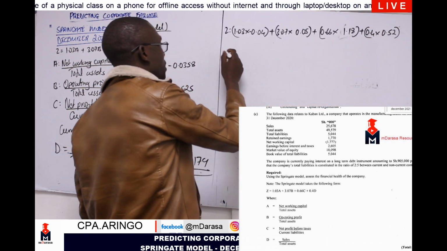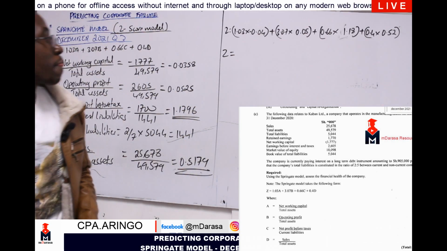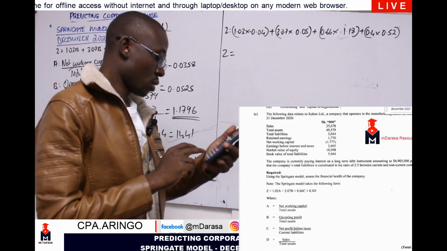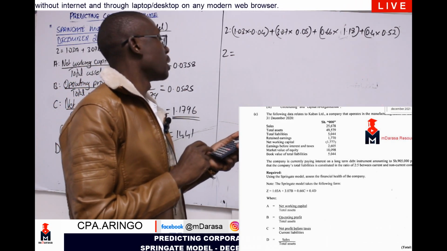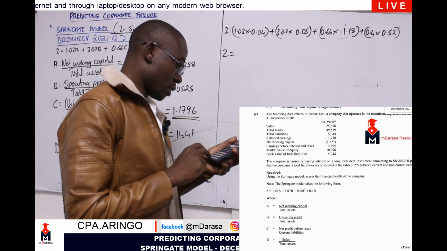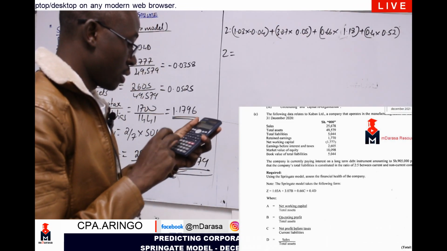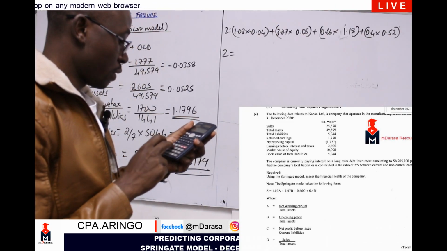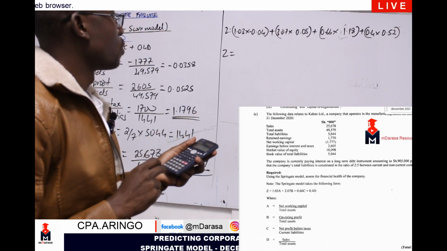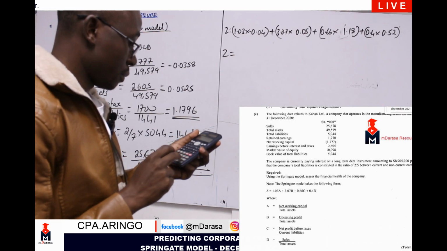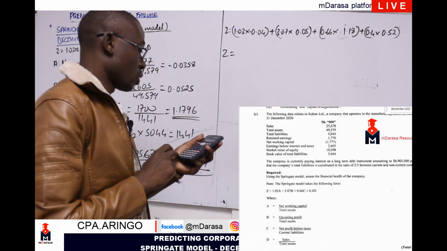So this should give us our Z to be equal to what, my good students? My Z therefore should be having 1.03 we multiply by negative 0.04, 3.07 we multiply by 0.05, 0.66 we multiply by 1.18, 0.4 we multiply by 0.52.